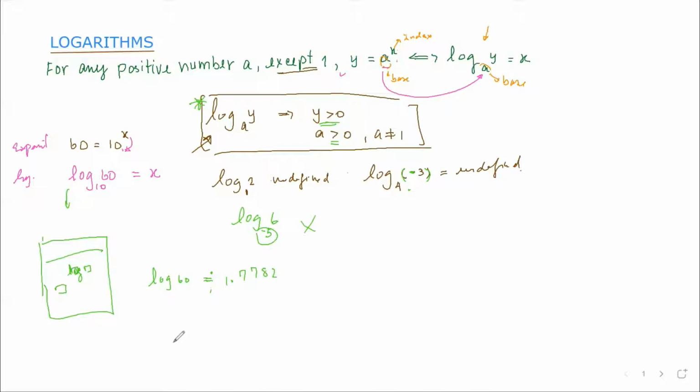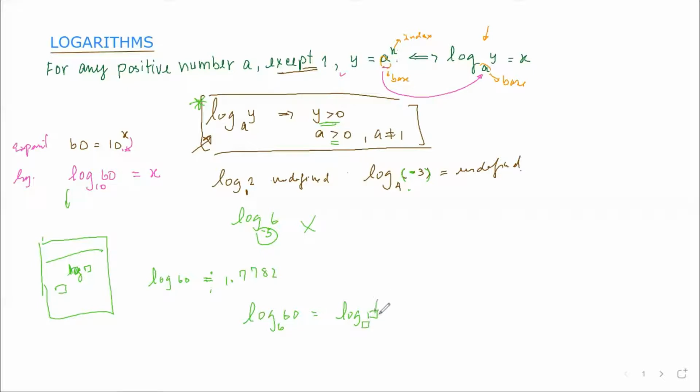But some students may ask: if I have log 60, for example, base 6, how to do it? We are going to learn how to change the base later, by hand. But on the newer calculators that most of you have, you can key it in right away.